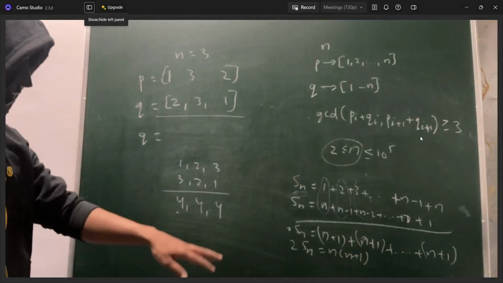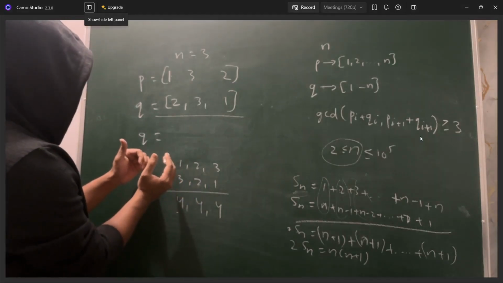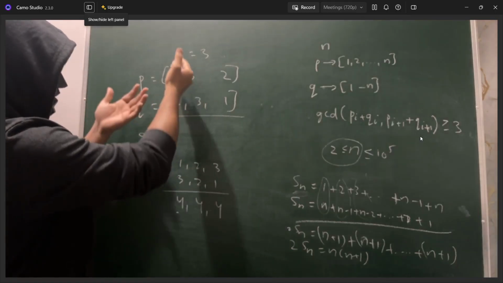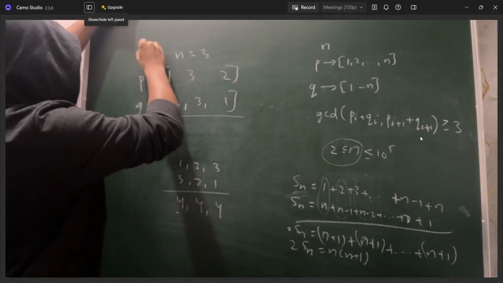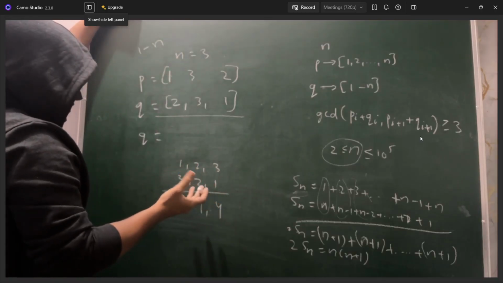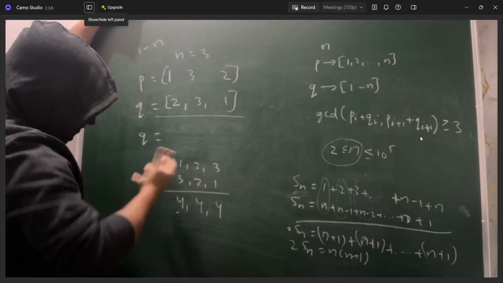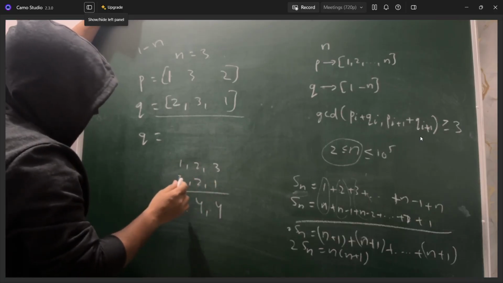In the same way, if you have a permutation of n, basically in the array you will be having numbers from 1 to n, right? Which is like natural numbers from 1 to n. So if you have that, you can reverse or mirror those numbers.